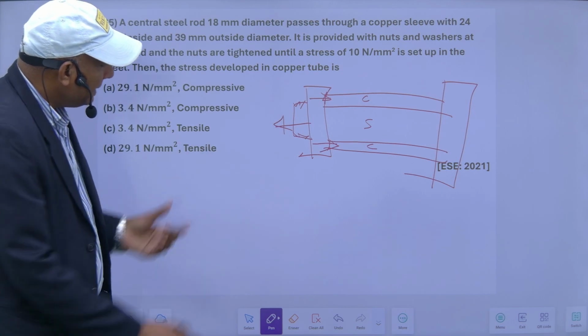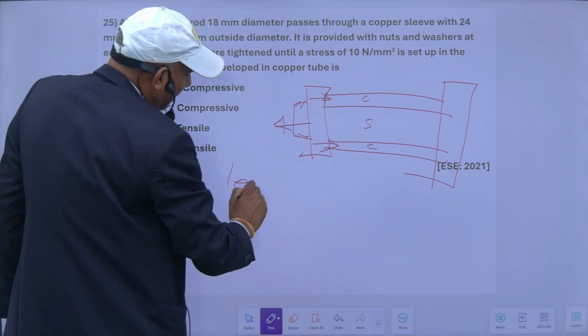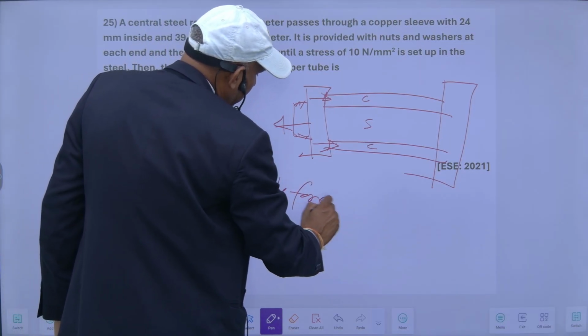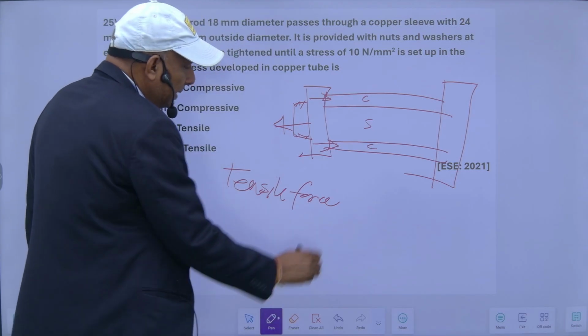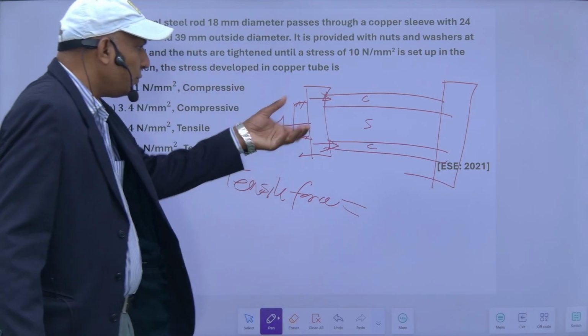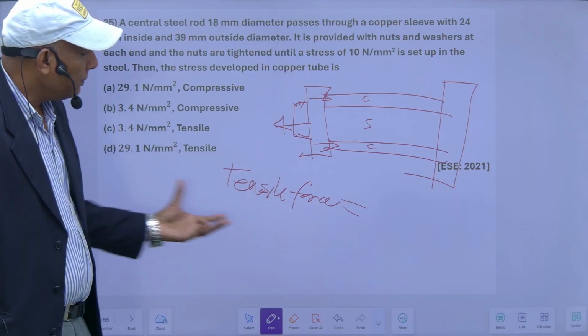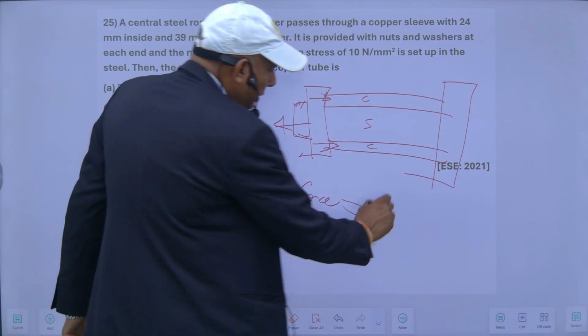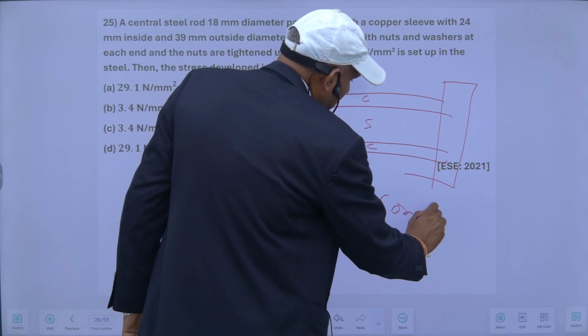So the tensile force in the steel during tightening should be equal to the compressive force during tightening. Both should be equal and opposite for the equilibrium.